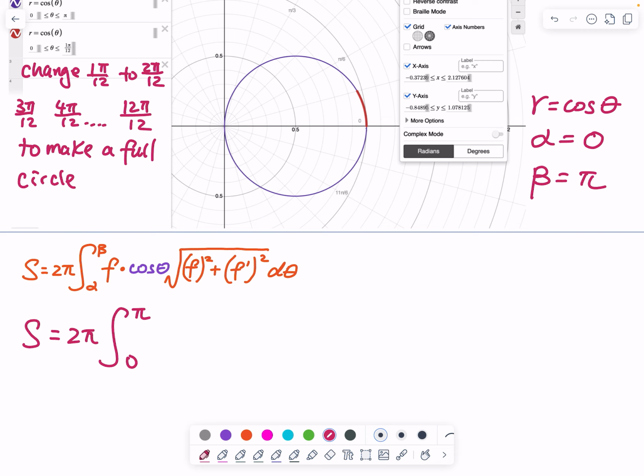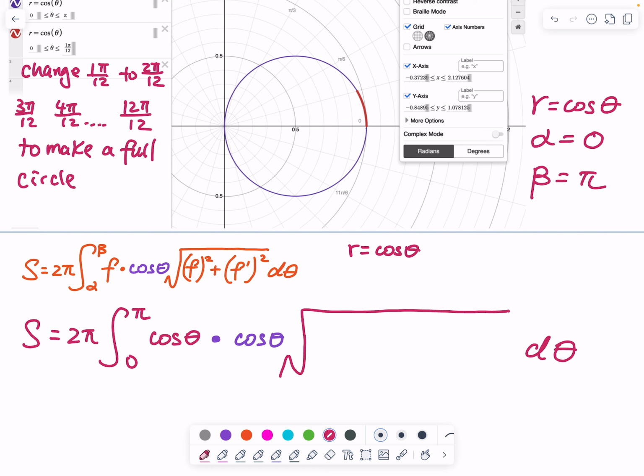Okay, this number looks pretty easy. And then what is my function? My function is cosine theta, and then in purple, this is times cosine theta. And then you have a square root, and then a d theta. Okay, r is equal to cosine theta, r squared is equal to cosine squared.